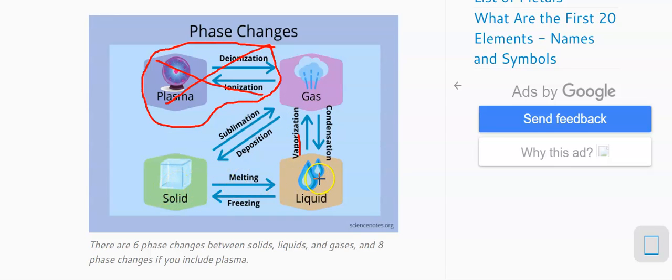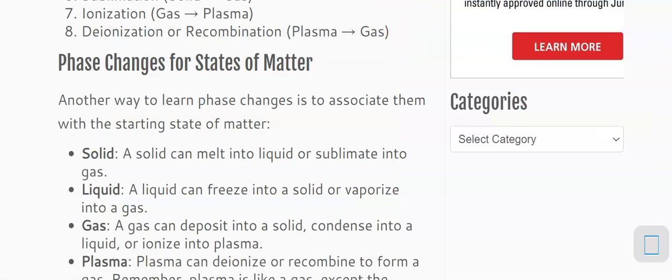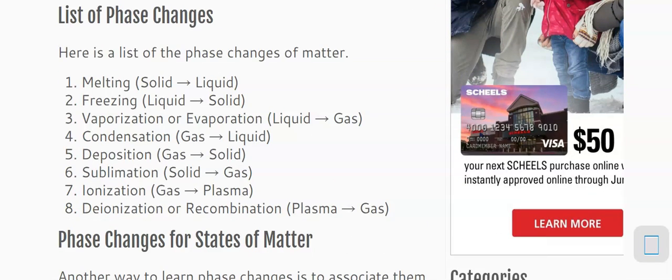When you go from a solid to a liquid, that is called melting. When you go from a liquid to a solid, that is called freezing. I want you to have all of these phase changes. I'd like illustrations. Yours do not have to look exactly like theirs. But you must also include this information as well. 1 through 6.